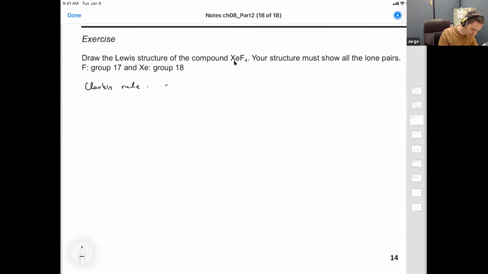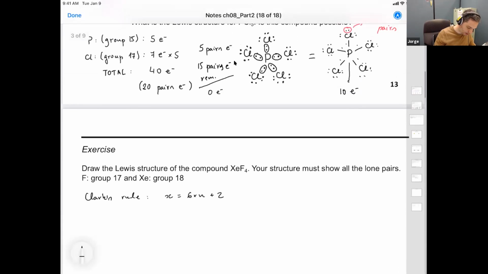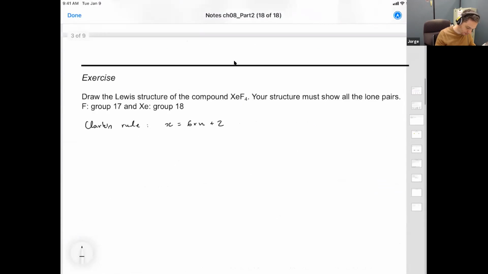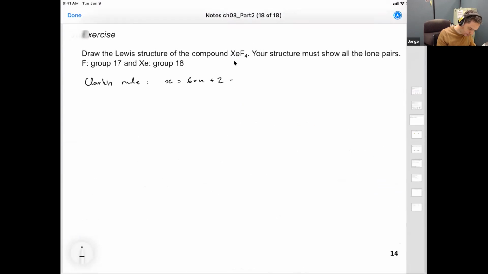And remember that we have to compare X to the number of valence electrons. And X is equal to 6 times the number of non-hydrogen atoms plus 2. For this structure, we have 6 times 5 plus 2 for X. Therefore, X is equal to 32.